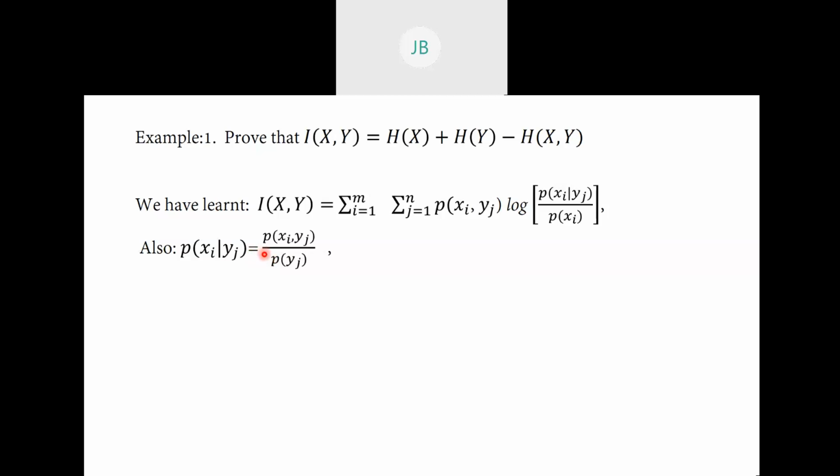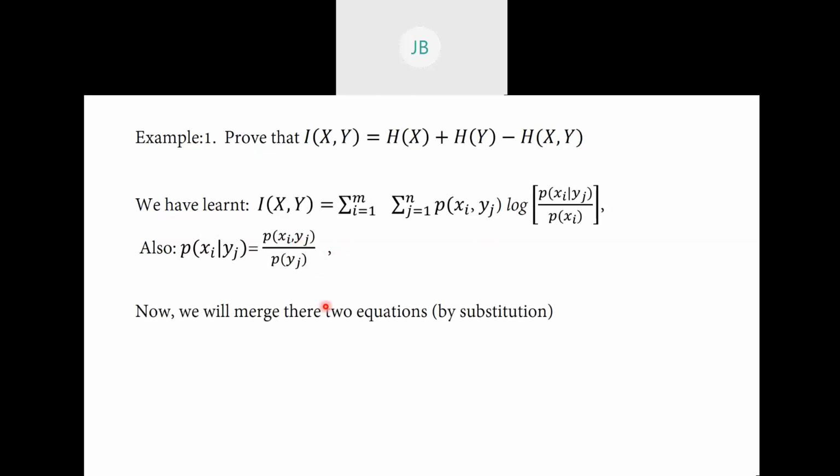So we try to replace this term in this equation. Since we have this conditional probability of input here, that is nothing but the joint probability between input and output divided by the probability of output, we will replace this term by this right hand side.